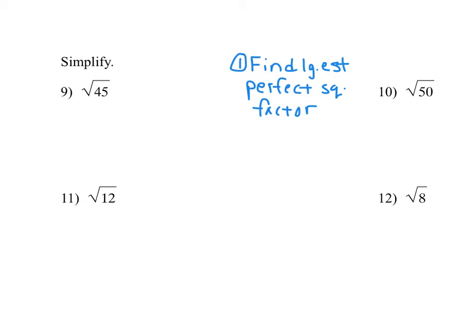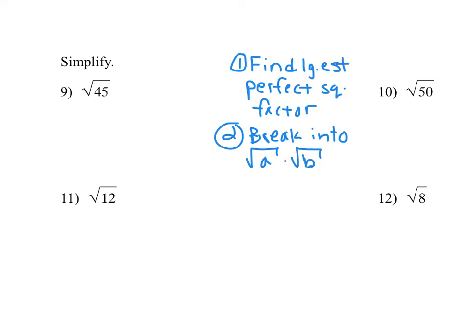Step number 2 is we want to break the original radical into two separate radicals multiplied together. So we'll say that that looks like square root a times square root b.